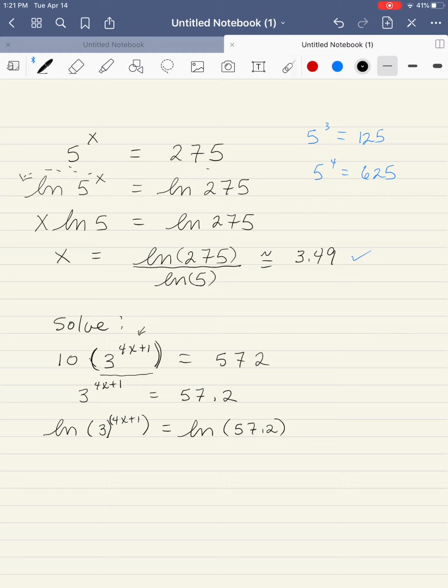Now, this is the same thing as this. So this whole part here, 4x plus 1, is my exponent that multiplies out front. So I have to put the whole thing, 4x plus 1, in parentheses, times the natural logarithm of 3 equals the natural logarithm of 57.2 on the right-hand side. Now this is just plain multiplication. So I can divide both sides by natural logarithm of 3.